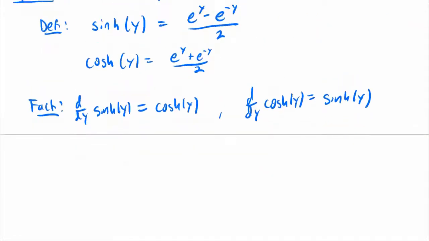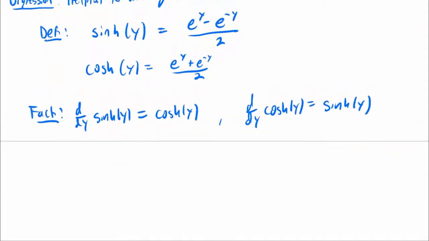And so also, we'll notice that I can convert between exponentials and these hyperbolic functions pretty easily. For example, here's another fact which we're going to use above. Notice that you can write e to the y as hyperbolic sine plus hyperbolic cosine, right?